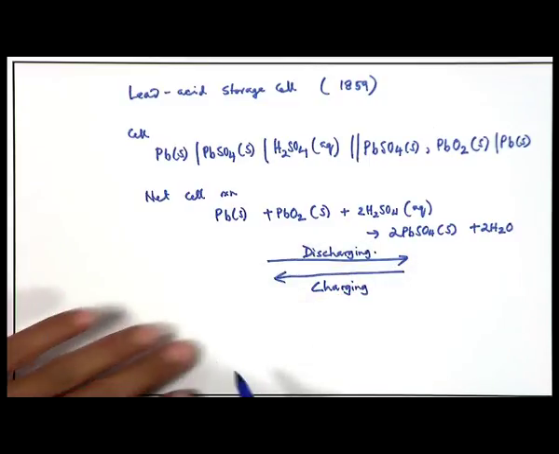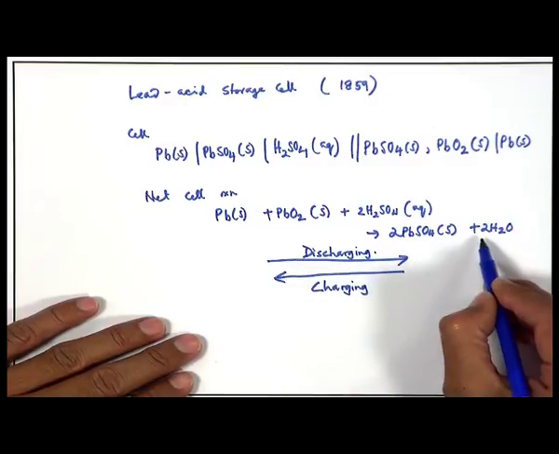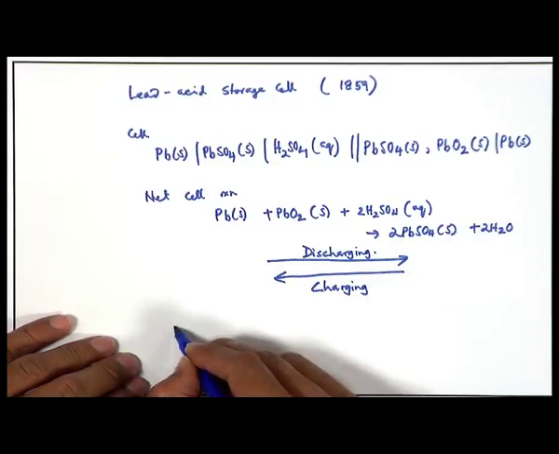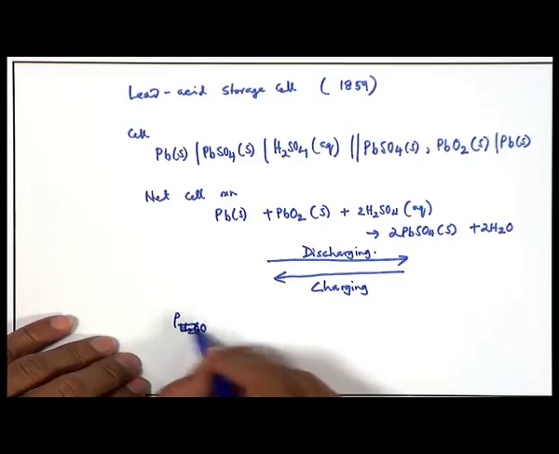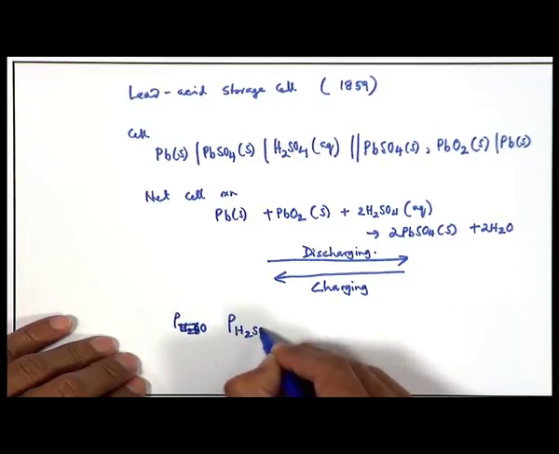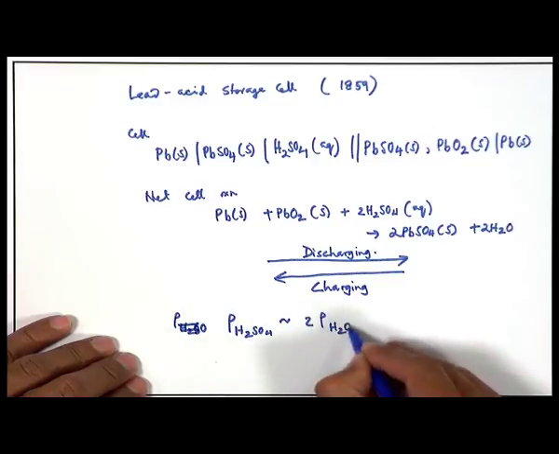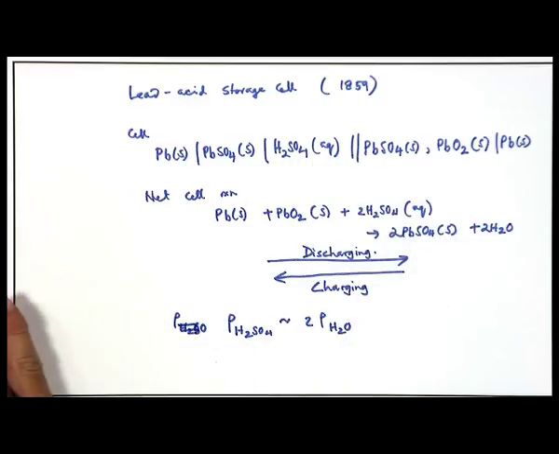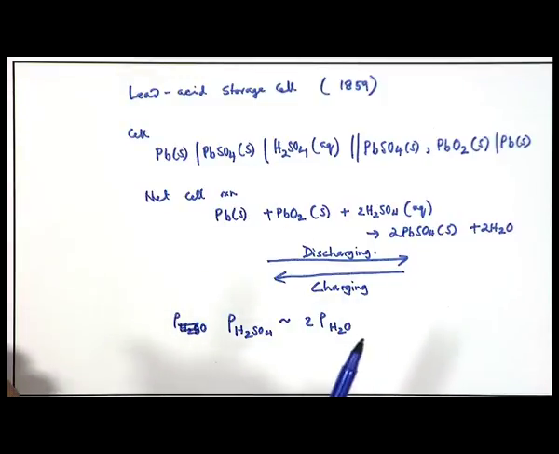Okay. And what happens is that after it is discharged, some amount of water is generated. Generally, the density of sulfuric acid is approximately twice that of water. So, when discharge is taking place, the sulfuric acid solution, which is the active electrolyte of this cell, is diluted.